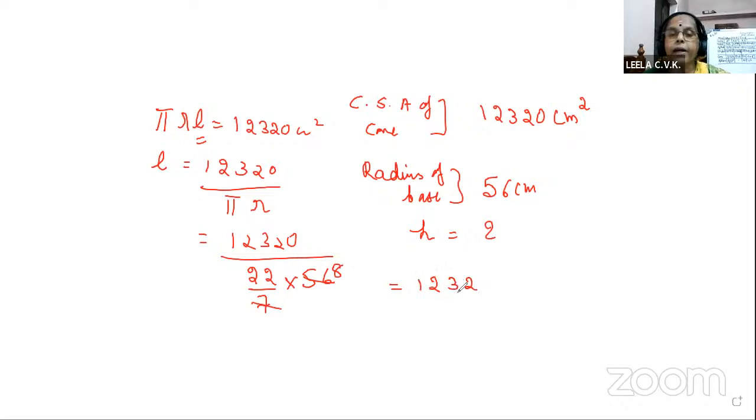12,320 divided by 22 into 8. Whenever 22 is coming in the denominator, in the working column or in your mind, you can check, is this a multiple of 11? Most of the questions, while it is coming for the examination, it will work out, means it will be a multiple of 11.